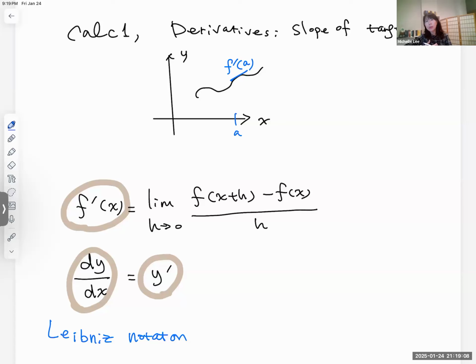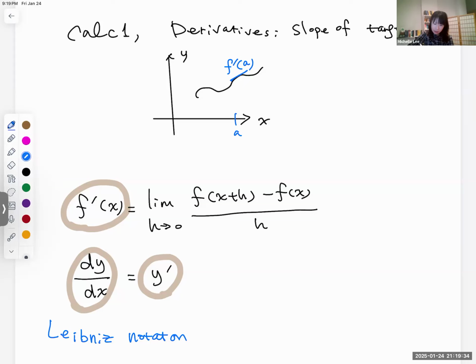Okay, so if we are using the formula with the limit, right? So we have f prime of x equals limit h approaches 0 of f of x plus h minus f of x over h. And this is a general formula. But if we want to find it at a, then we can just change it, right?